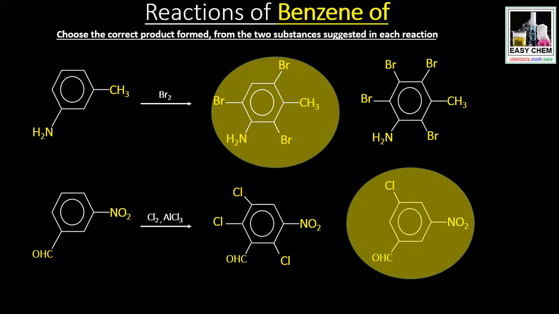If you do this exercise several times, through proper scrutinizing, you can learn actually how selectively certain positions are going to be activated due to groups attached to benzene ring.